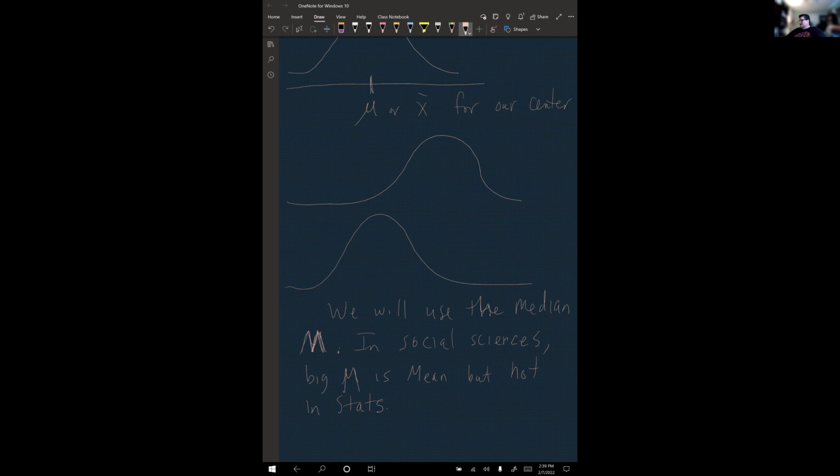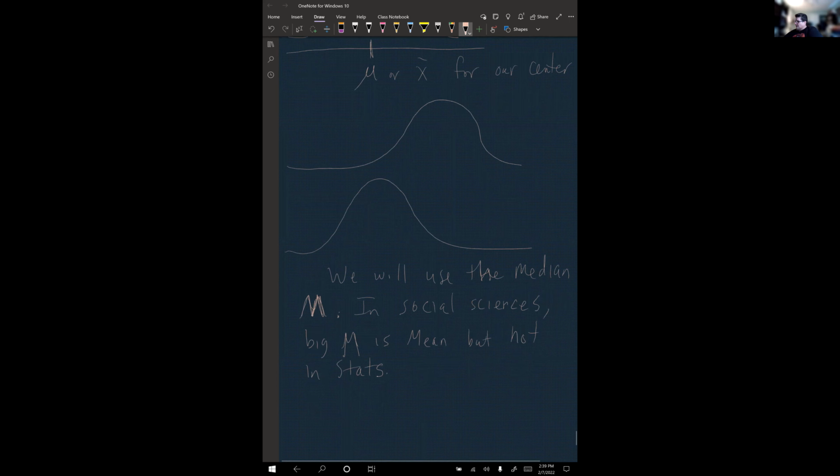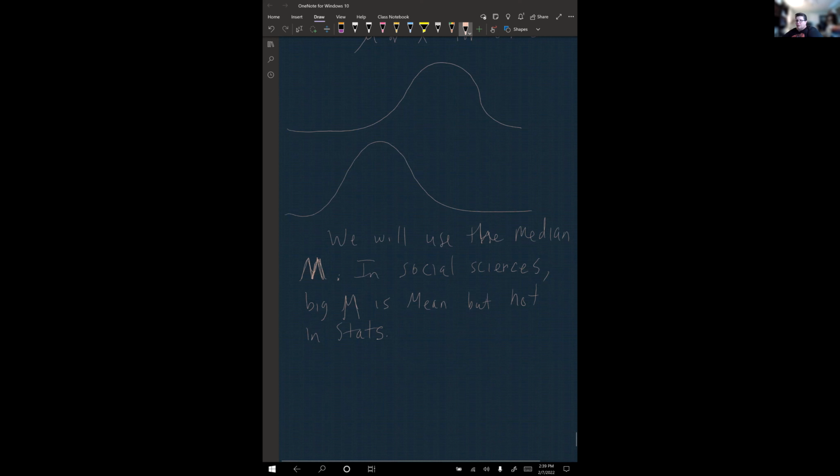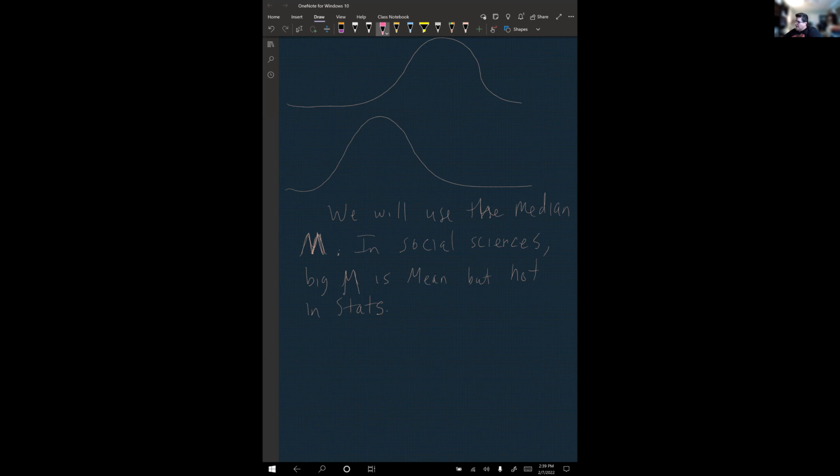For the skewed graphs, one way to remember how the mean and the median look, well, let's do this again. On a bell curve, bell-shaped graphs, the mean is approximately equal to the median.